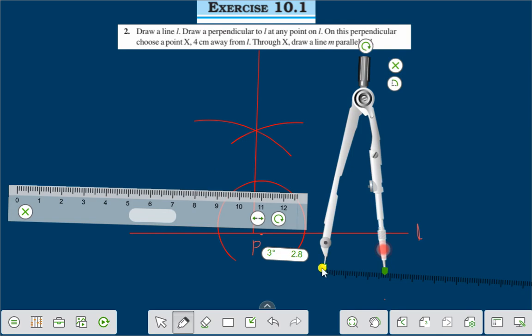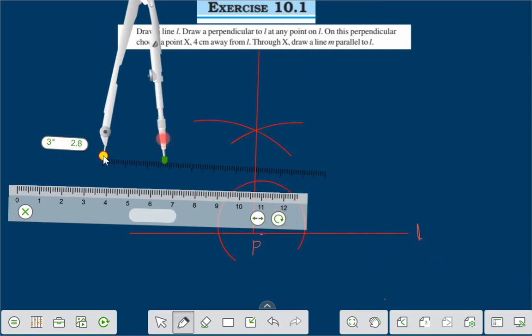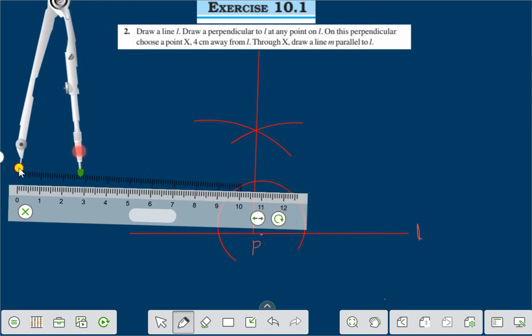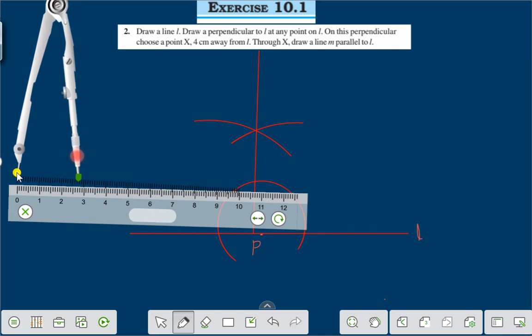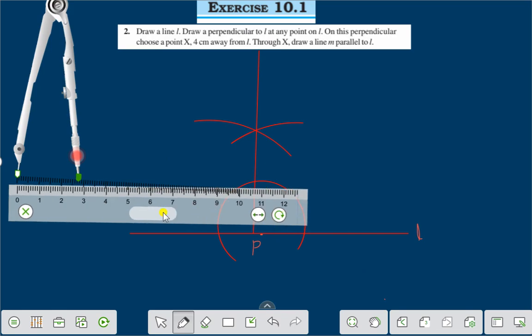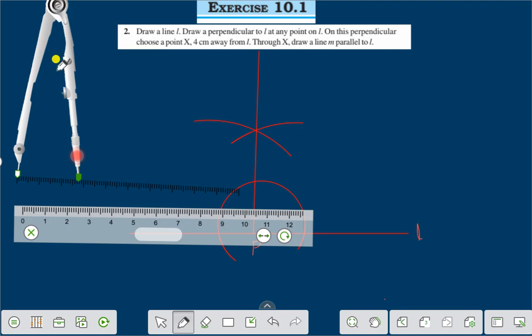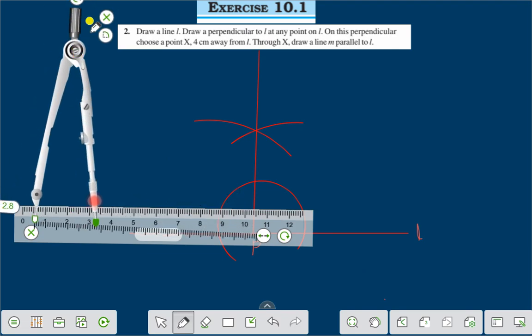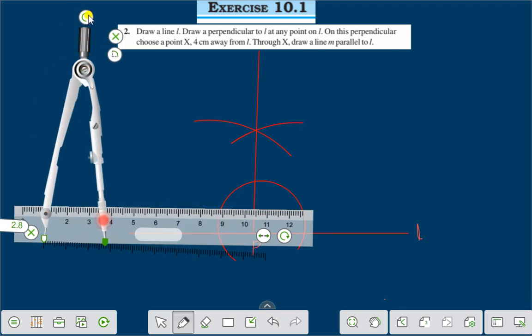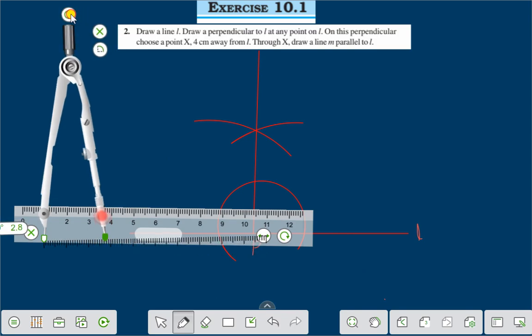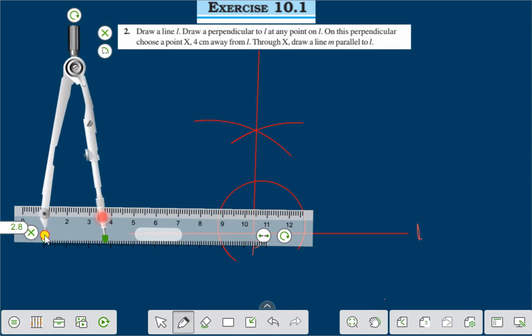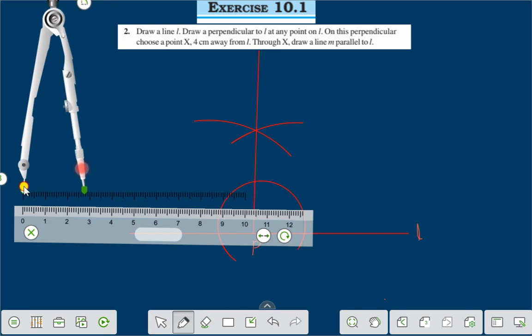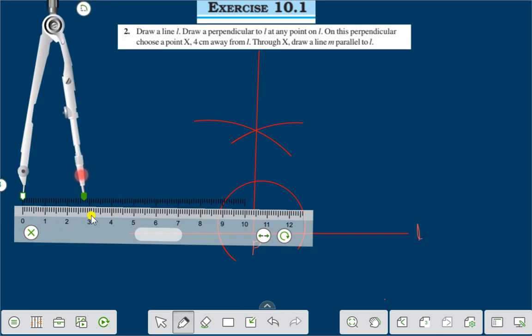Take this pointer at point 0 and take 4 cm.